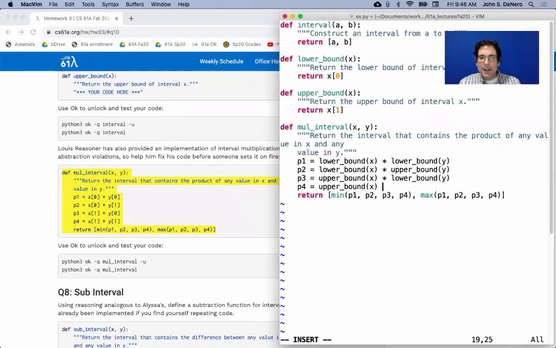When you multiply two numbers together, there's only one answer. But when you multiply two intervals together, basically what you're saying is, I'm multiplying some number and I don't know what it is, but it's in this range, with some other number and I don't know what it is, but it's in this other range. Okay, got rid of the abstraction barrier violations.